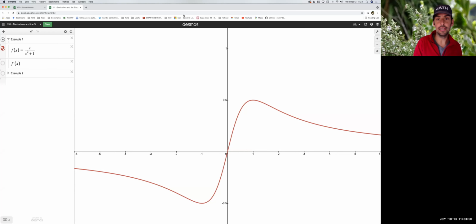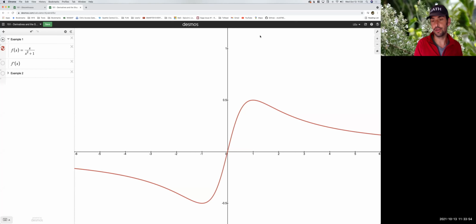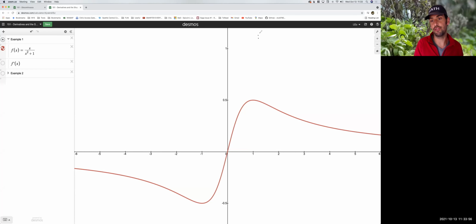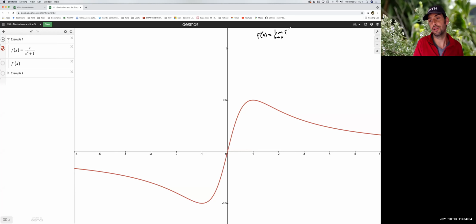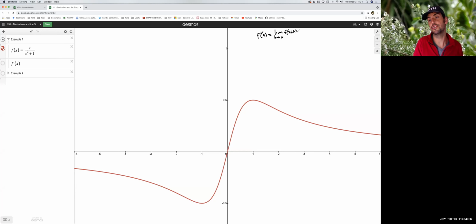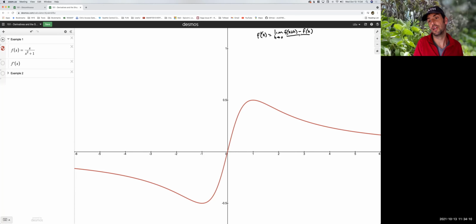I'll remind us, we've got a couple notions of the derivative. If I'm given a function f, then f prime of x is the limit as h goes to 0 of f of x plus h minus f of x, all over h.